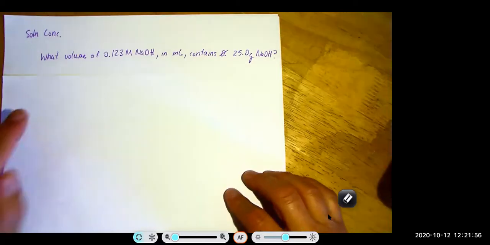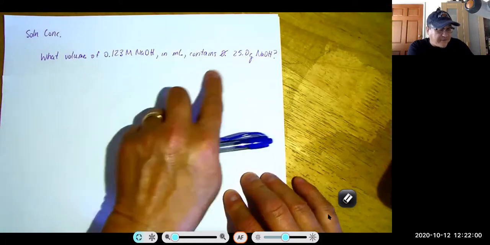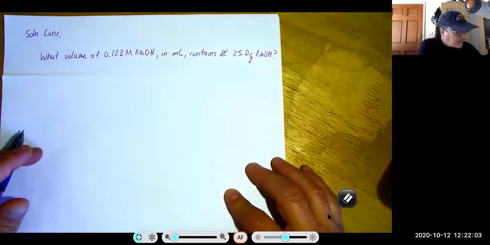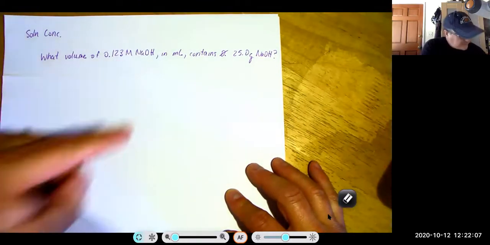So what volume of 0.12 molar sodium hydroxide in milliliters contains 25 grams of sodium hydroxide? So one of the things you want to do is write that out as a ratio.